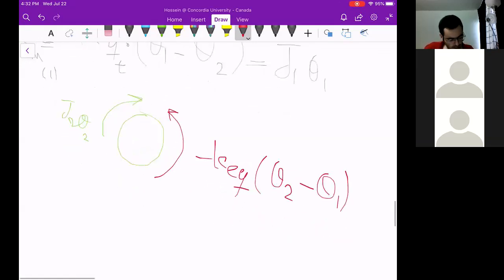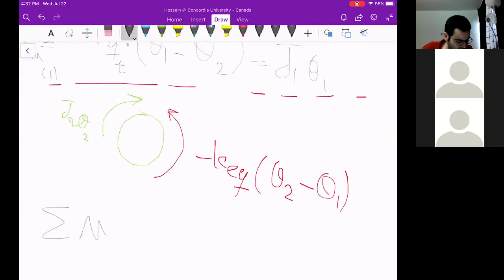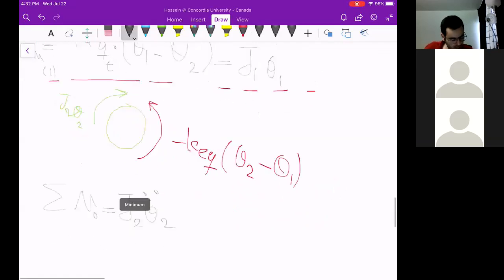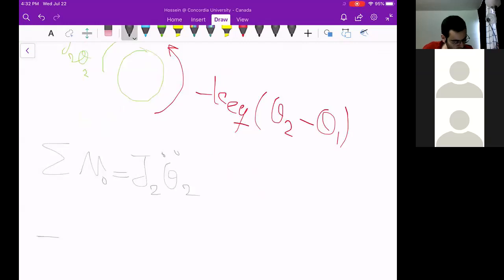So apply the Euler formula for the mass: summation of moments at point O, J O theta double dot 2. And the summation of moments is nothing but minus K equivalent theta 2 minus theta 1, which is equal to J2 theta double dot 2.